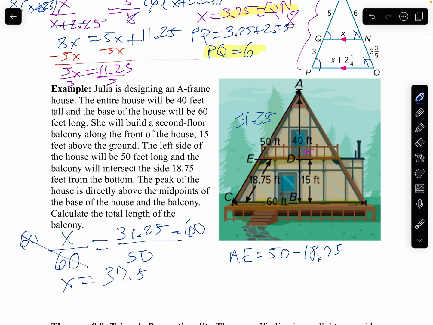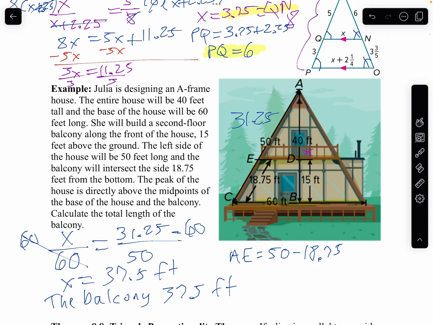So my balcony is 37.5 feet long. On Monday, we'll go through a different way of approaching this, but for now, let's just do it this way.